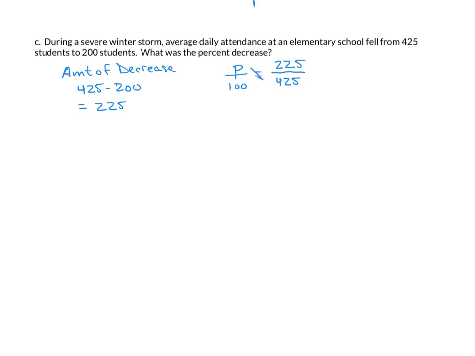All right, if we cross multiply, we get 425p equals 22,500.